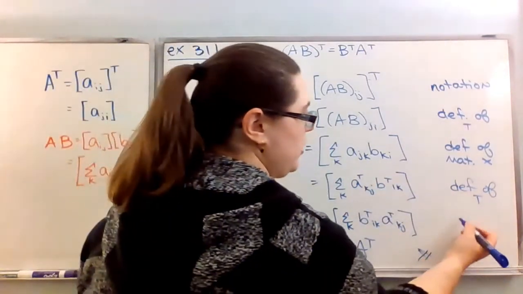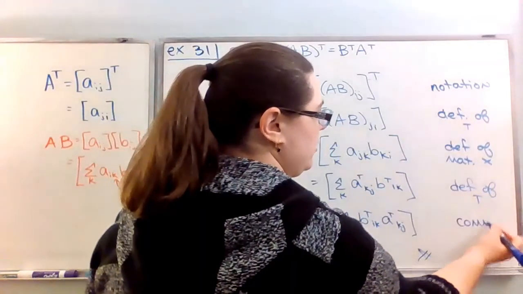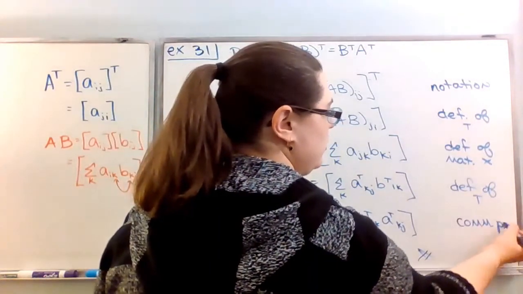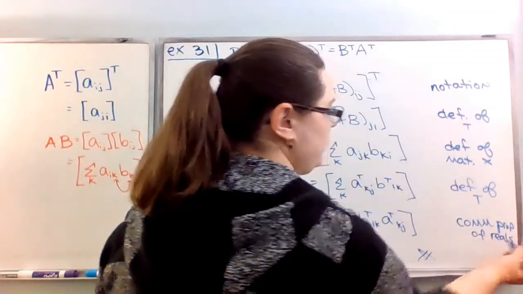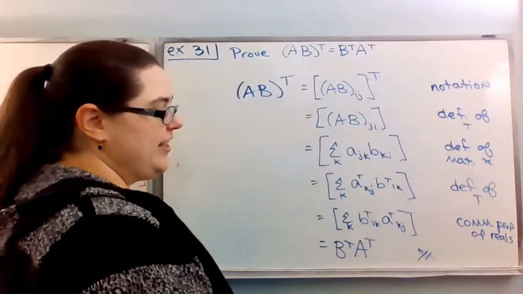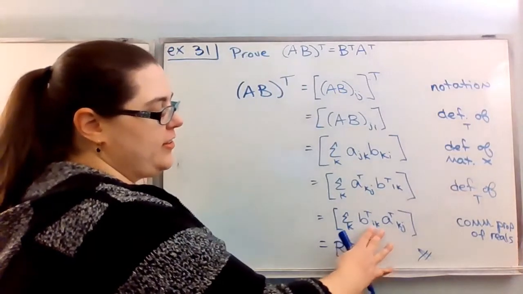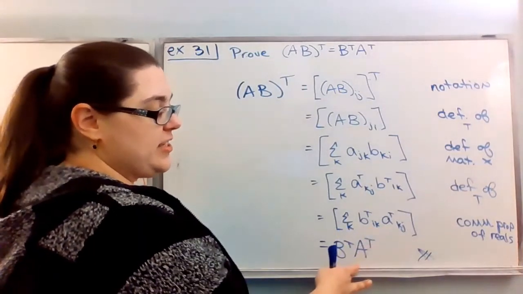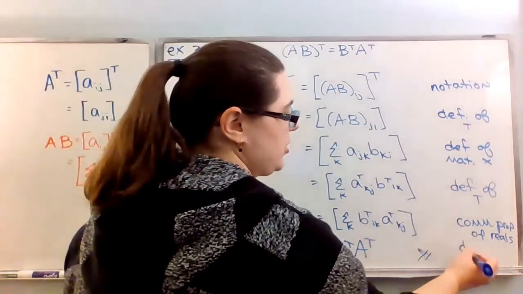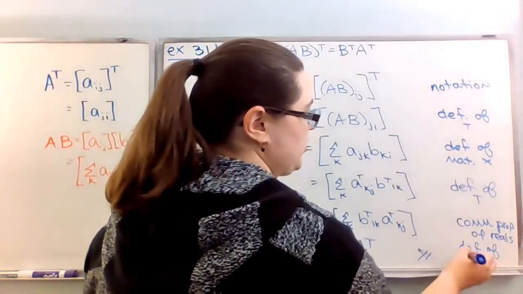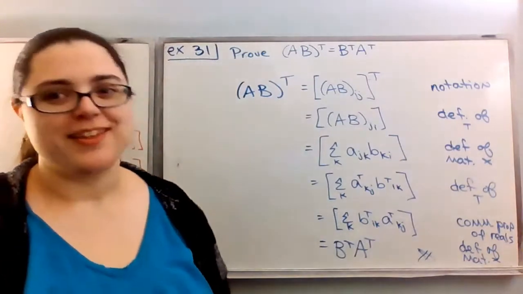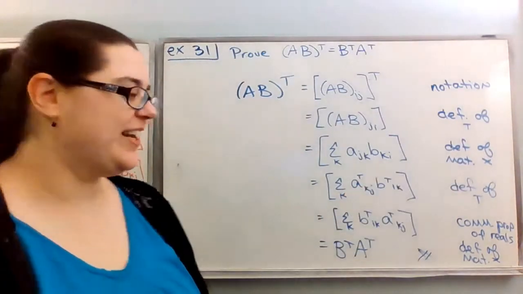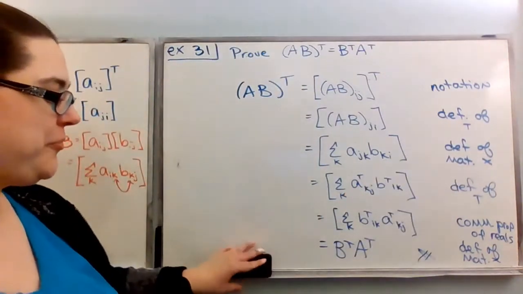So we have the commutative property of real numbers. And then I had this product that I wanted to get to here, and that's our definition of matrix multiplication. And there we go. Finally, at long last, we finished this proof.